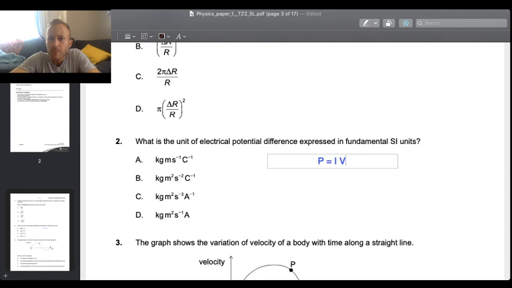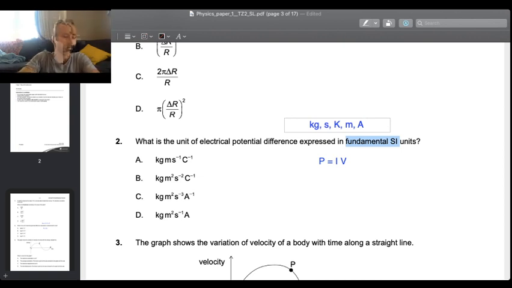Now, there's this concept of a fundamental SI unit. The fundamental SI units are sort of the basic quantities: kilograms, seconds, kelvin, meter, amp. So not coulomb, but amp is a fundamental SI unit.